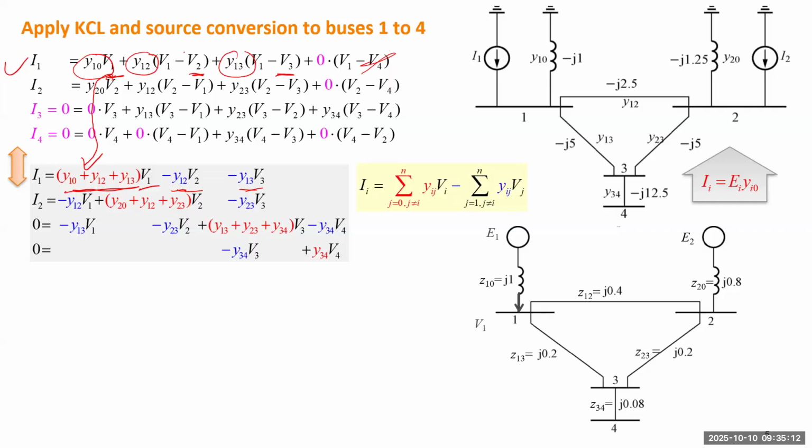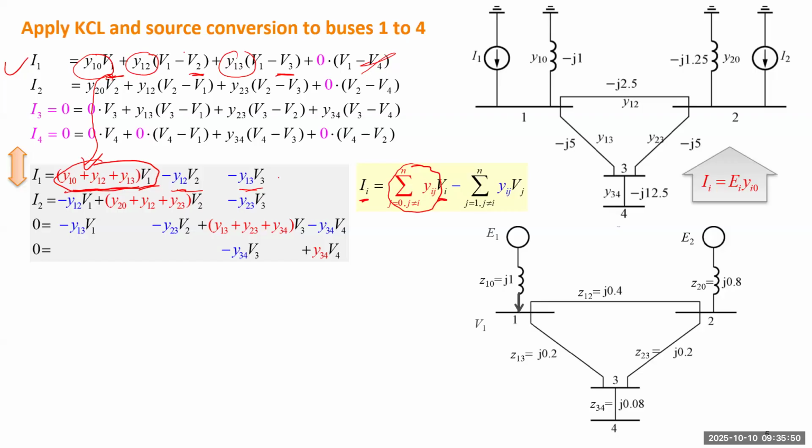If we generalize the second form, we get this equation. Each equation will have 2 types of items on the right-hand side. If we're talking about the equation for bus i, the first item has a general form: the local voltage, Vi, multiplied by the summation of all the admittances of the branches connecting this bus.